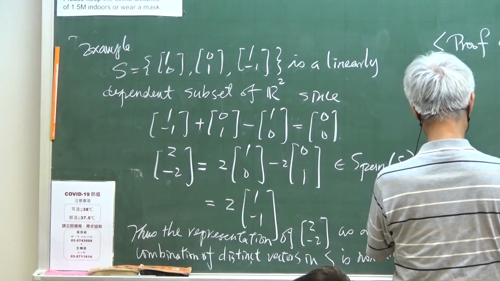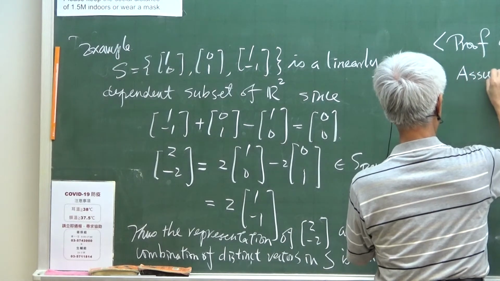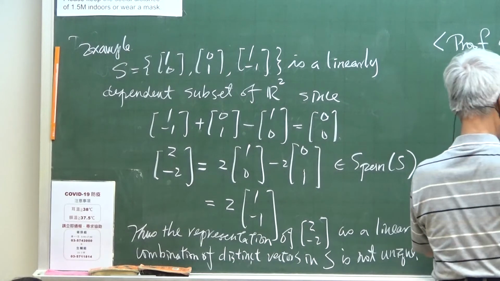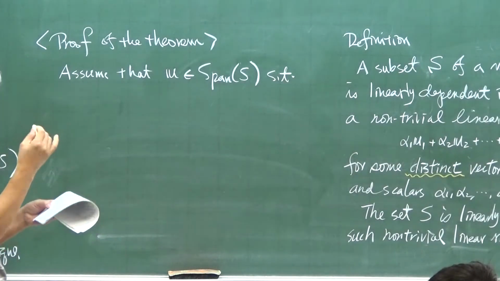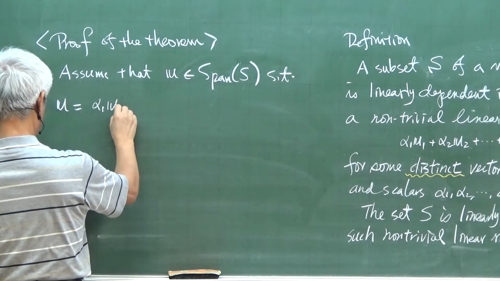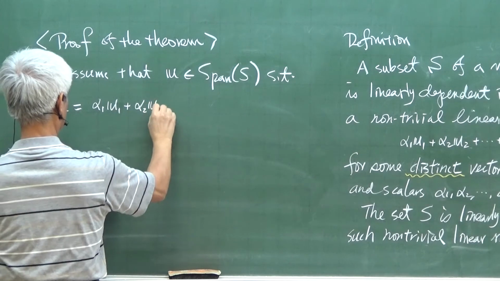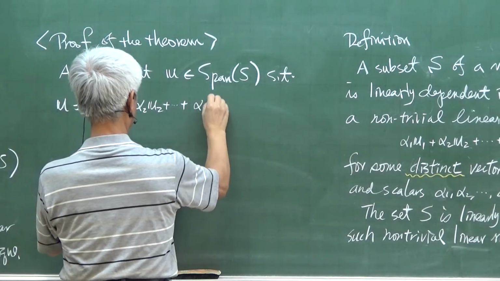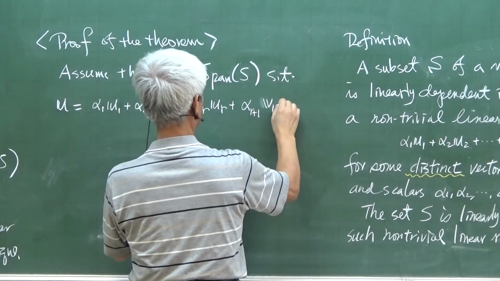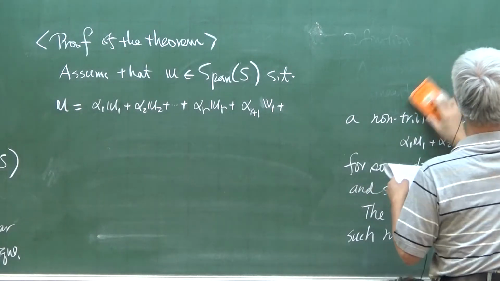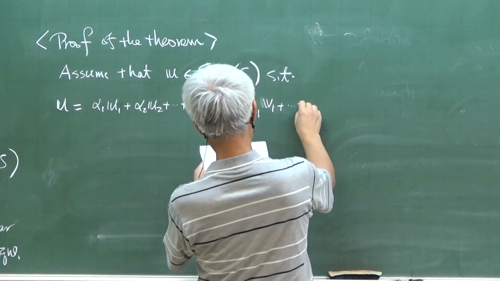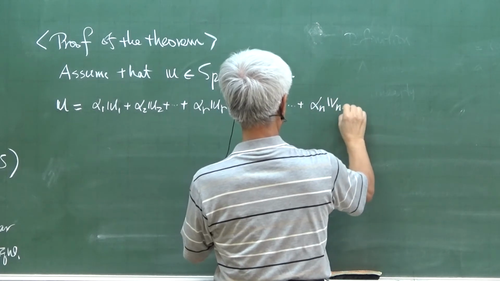All right. So assume that u is in the span of S such that we have 2 representations. u can be written as alpha 1 u1 plus alpha 2 u2 plus ... plus alpha r ur plus alpha r plus 1 v1 plus ... plus alpha n v n minus r.